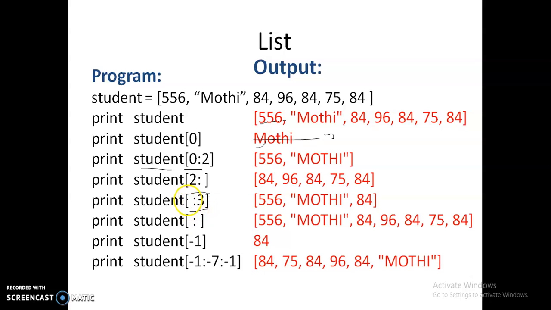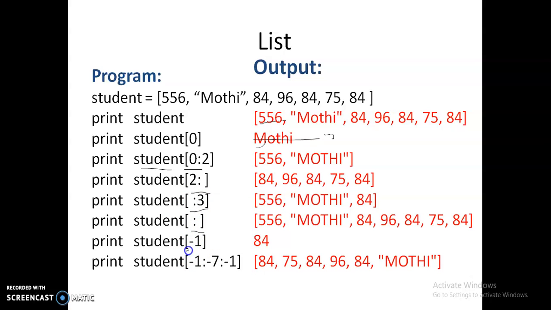Then it takes the default starting as 0 and ending as 3, that is 3 minus 1, 2. So it gives up to the 0, 1, 2 element, that is the third element. Here there is no start value and end value, so it is similar to the first one, printing the total list. It prints the complete list of the elements.